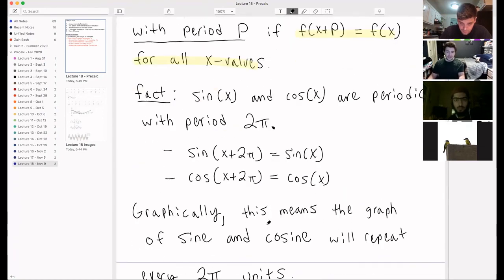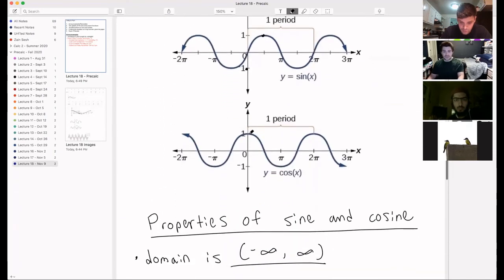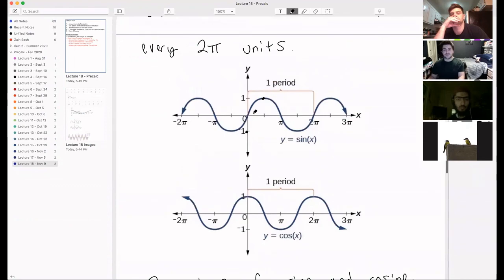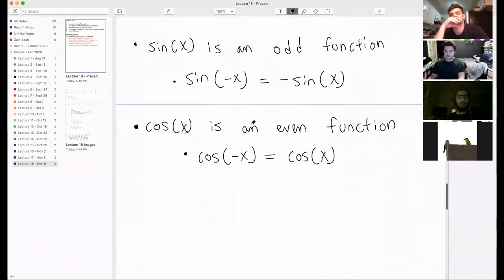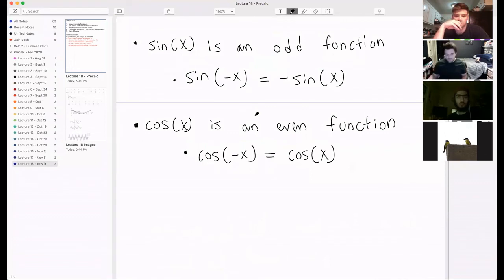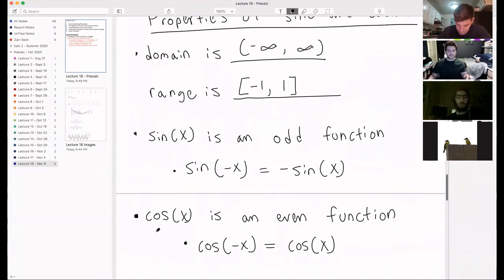So you can actually look at this and see that for yourself. Look at cosine. It's an exact reflection of itself across the y-axis. So you can kind of fold it on itself and it lands perfectly. And sine of x is symmetric about the origin. So really nice properties.